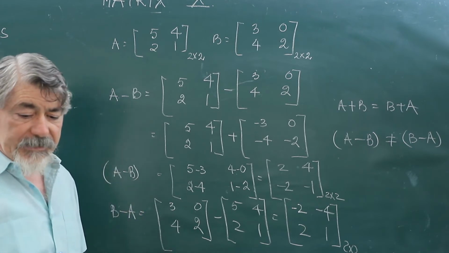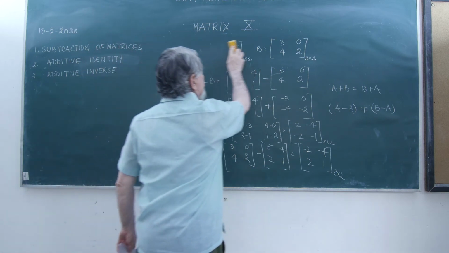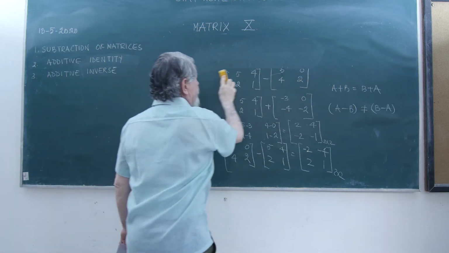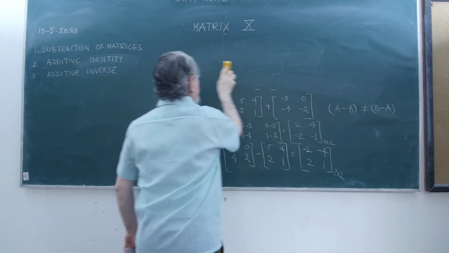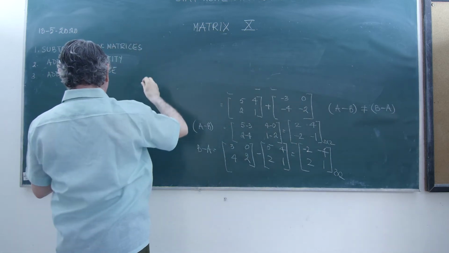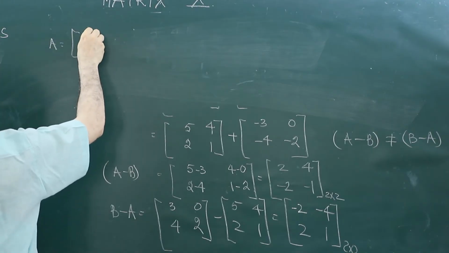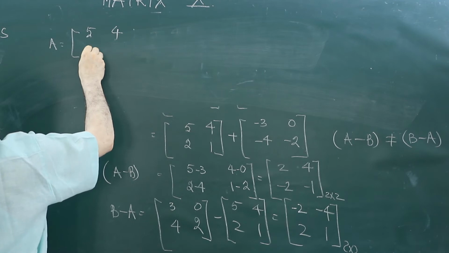Let's take another example and show it to you. For example, A is 5 4 3 minus 1.